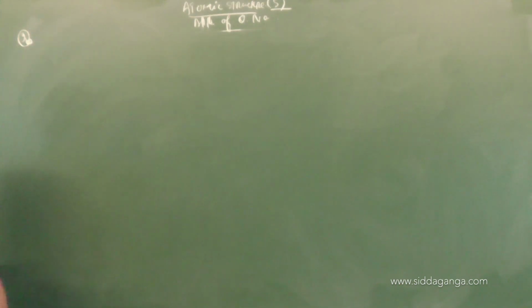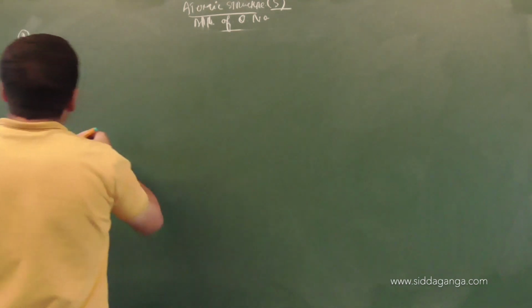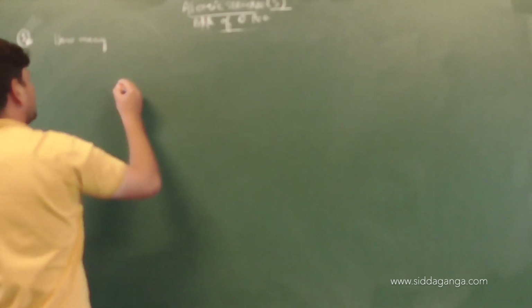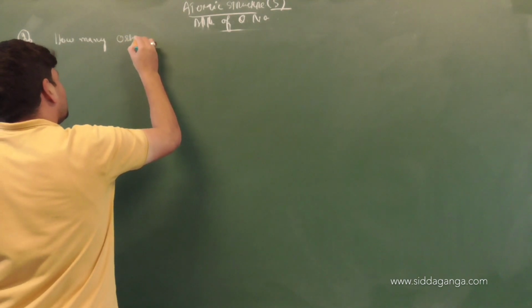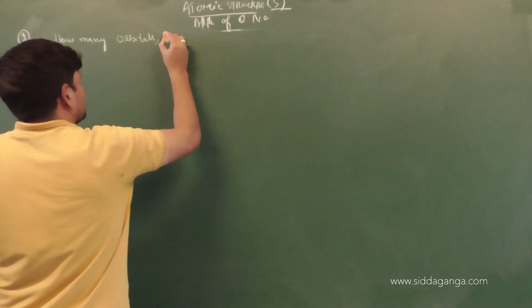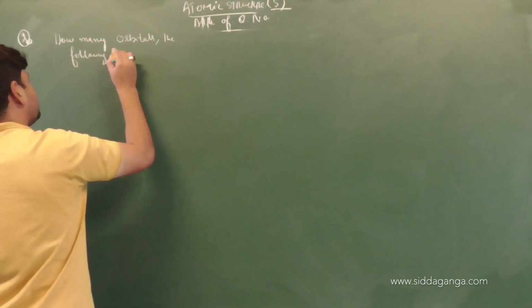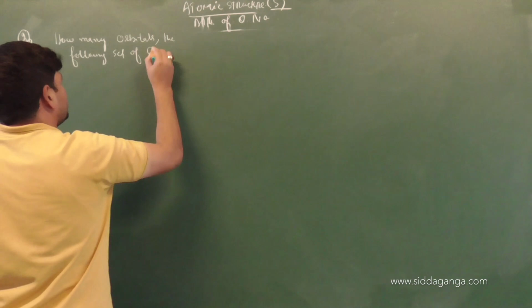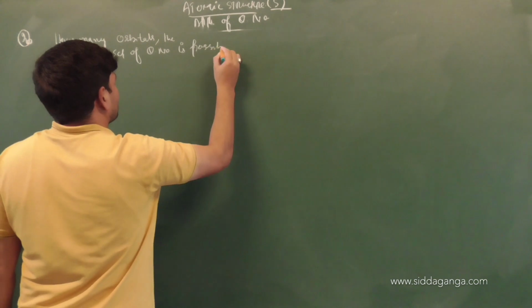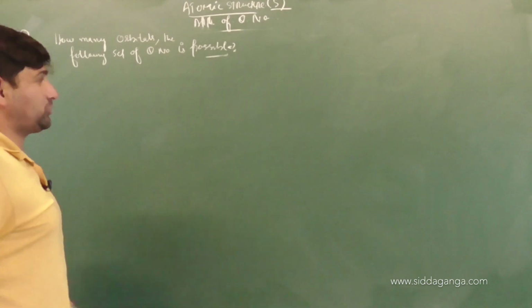Question number 2. Okay, so the question is, for how many orbitals is the following set of quantum numbers possible?